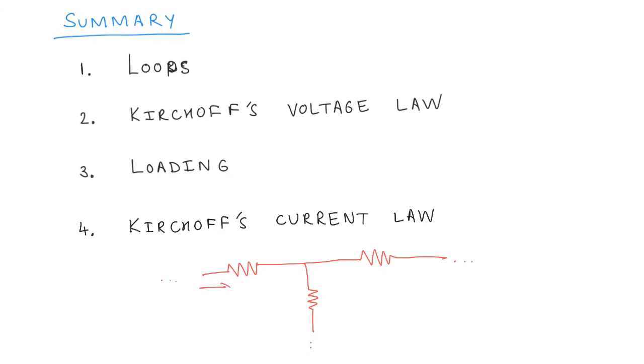So if a current is flowing like this, it divides equally into I1 and I2 in these parts, and we can write I equal to I1 plus I2. So at any point, the currents that are flowing into the point would be the same as the currents that are going out. So that's Kirchhoff's current law.